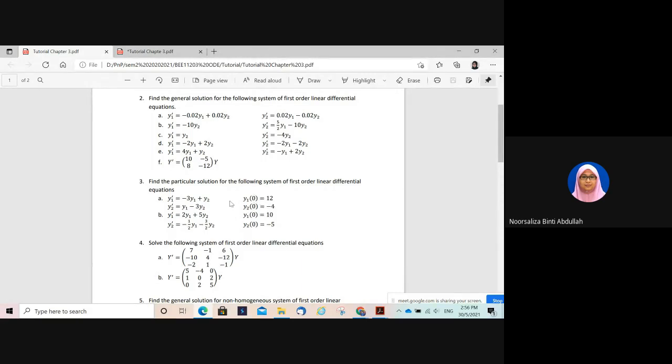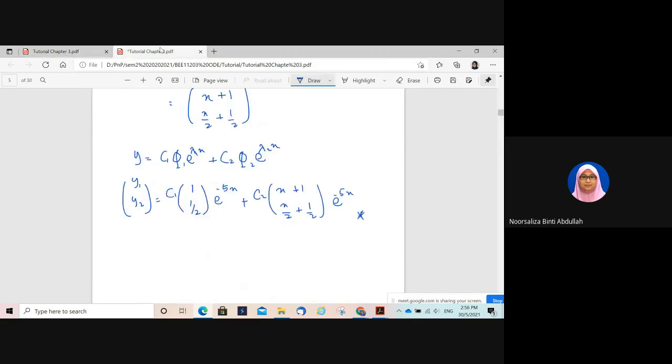If you are given the initial condition, then you have to find what is C1 and what is C2. If you are not given initial condition, you can stop up to this stage.